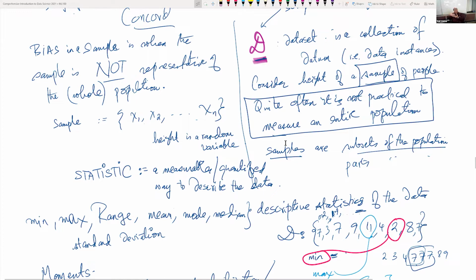For example, given a bunch of numbers, the height of people or the weight of people, or let's say the weight of giraffes, if you say this is the range, minimum is this, maximum is this, you have just created three descriptive statistics. Minimum is a statistic, maximum is a statistic, range is a statistic.